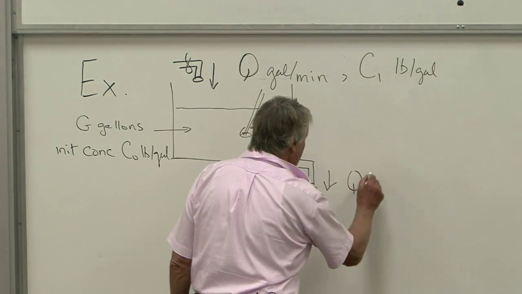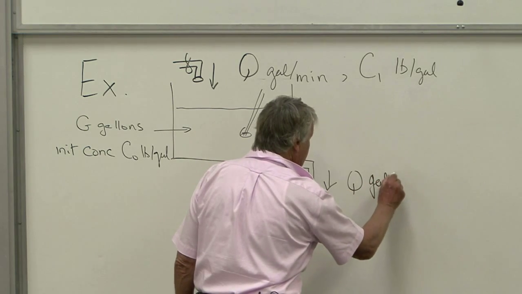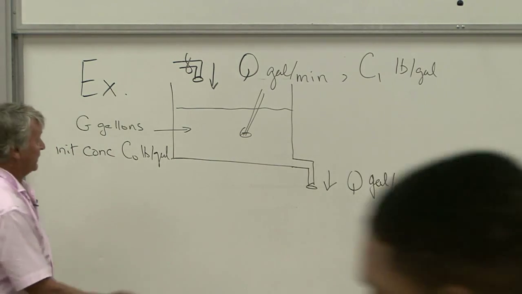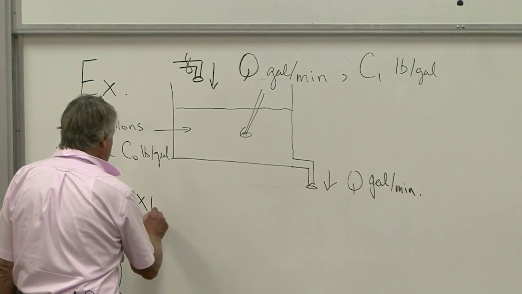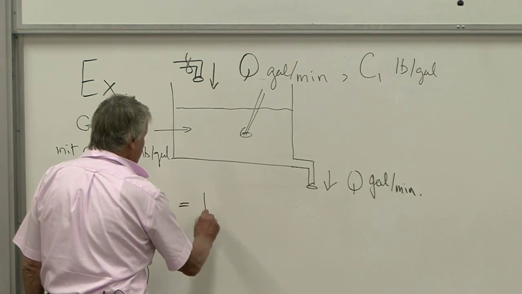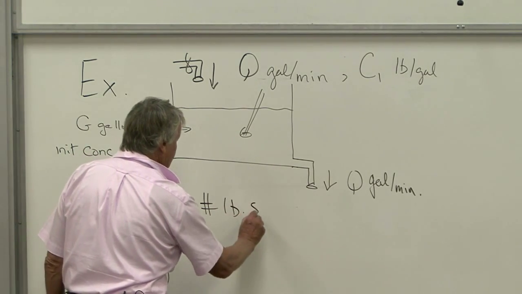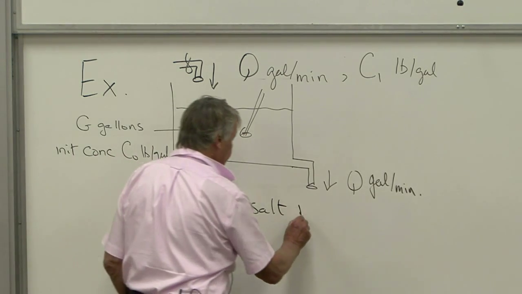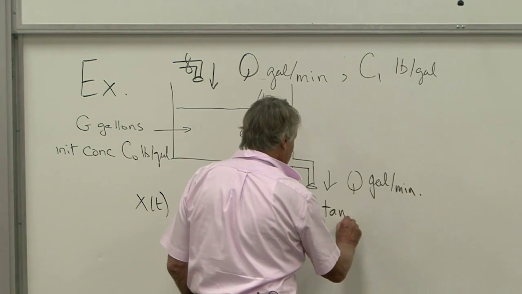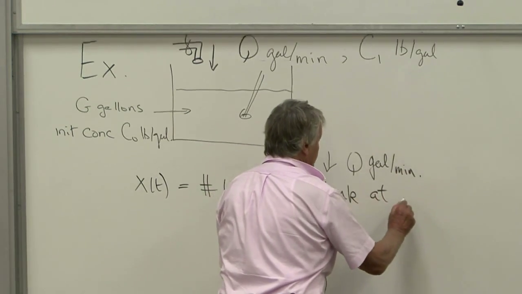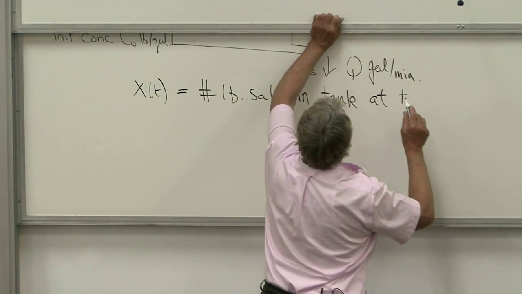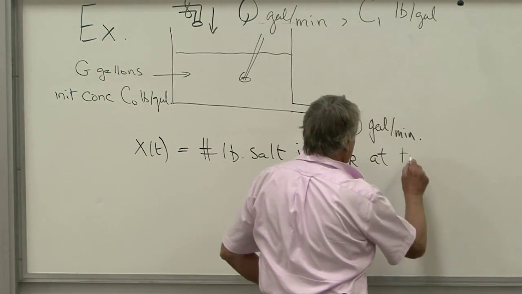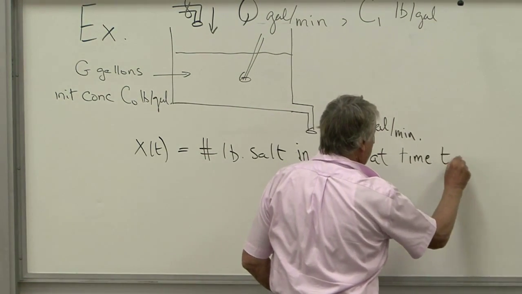But I'm going to take the rate coming out to be the same. Okay? And then we let x of t be the number of pounds of salt in the tank at time t, time t, minutes.